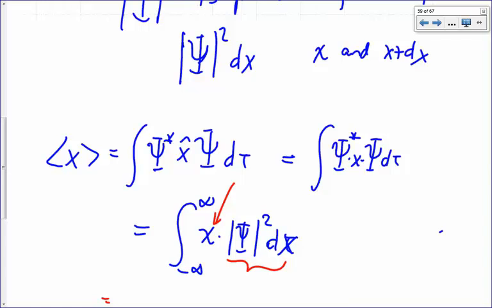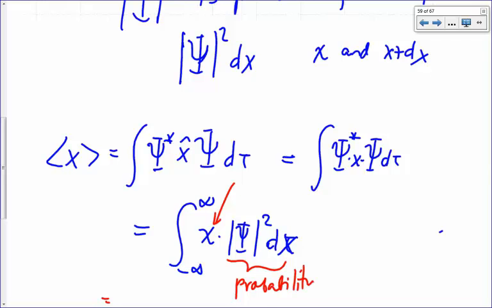Okay, so the probability of getting a number between x and x plus dx is psi squared dx. So that explains the Born postulate. That's how you get the Born postulate out of what we would call postulate 4. So this must be a probability.